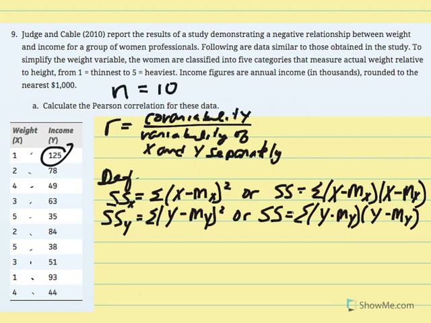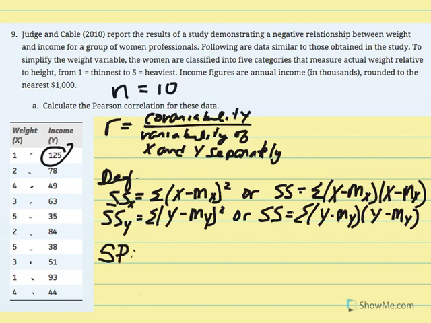Again, by definition, SS represents the sum of squared deviations. The parentheses represent deviation. So we'll be using this to then compute the definitional equation for SP.